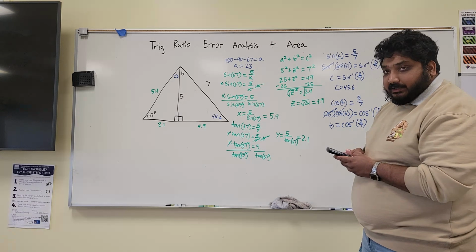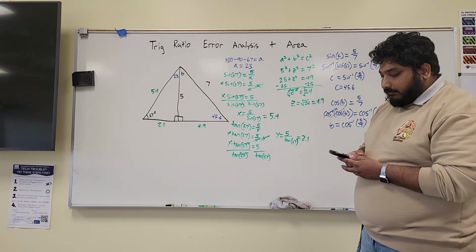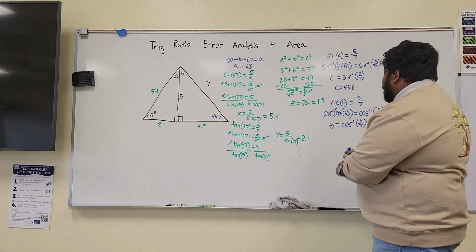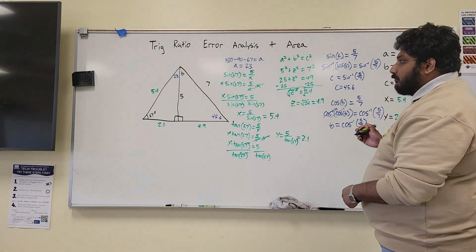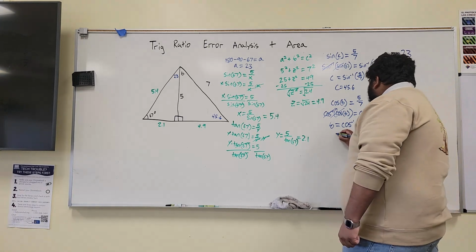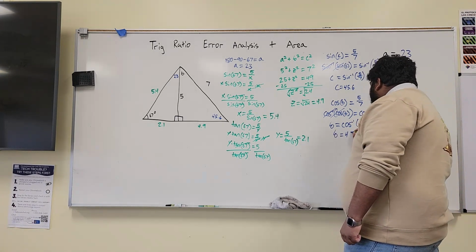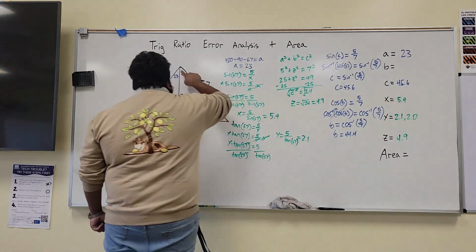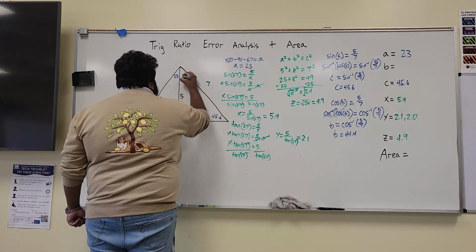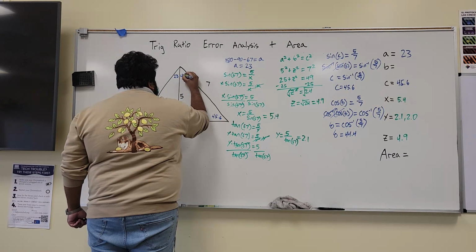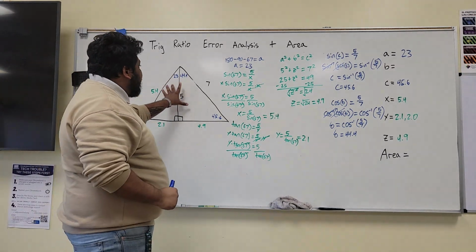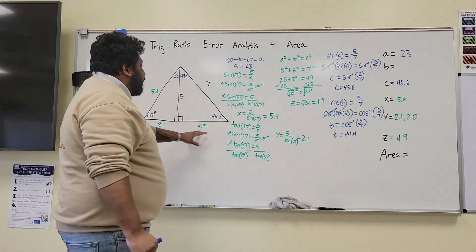So it's going to give us 44.415. That's going to round to 44.4. So now we've solved for every angle in this triangle and every side in the triangle.